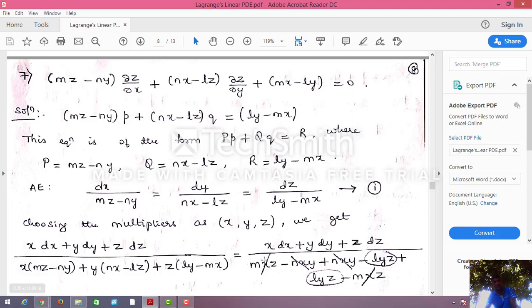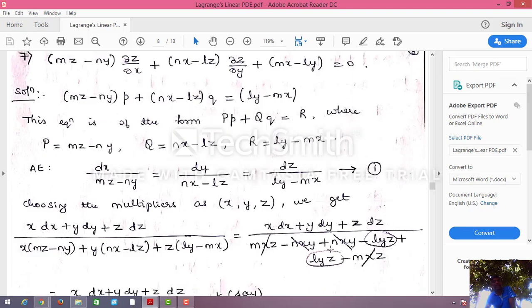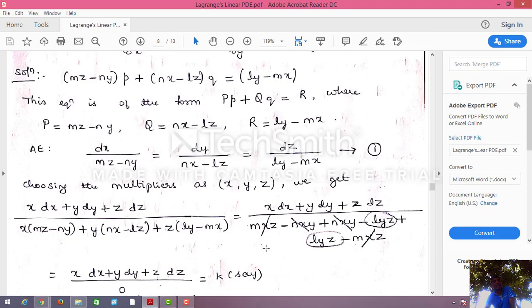Afterwards, the numerator terms will come: mxz minus nxy, next plus nxy minus lzy, plus zly minus mxz. So here three negative terms and three positive terms are there. We will add these, and you will get 0.